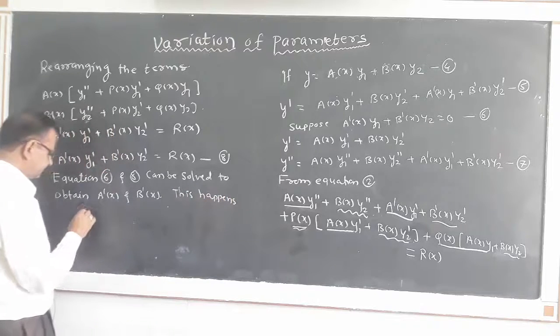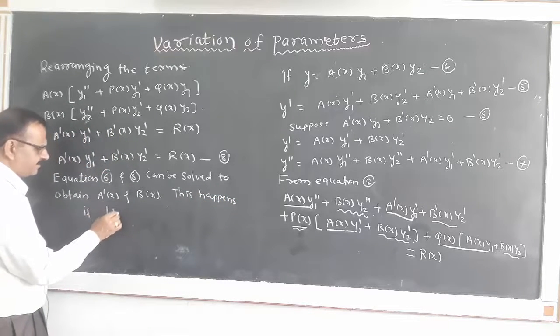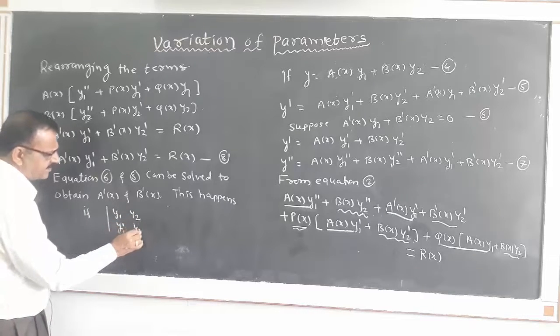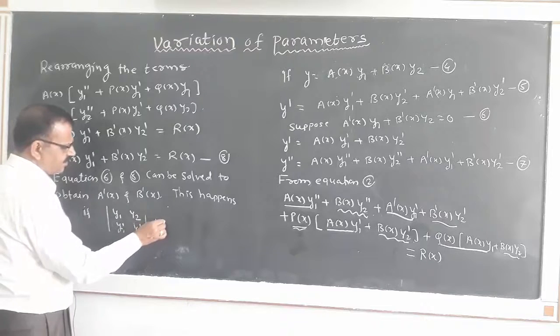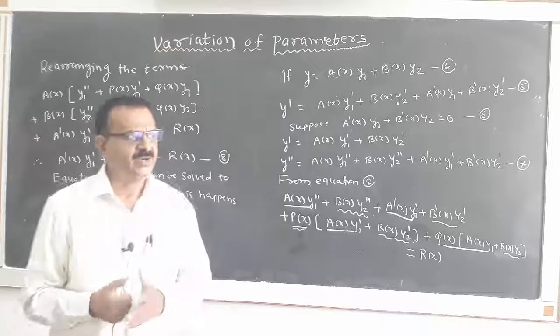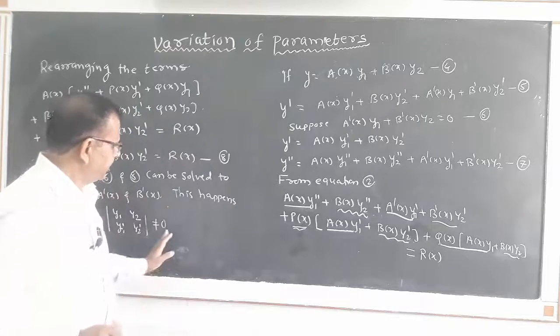This happens if the determinant of y1, y2, y1 dash, y2 dash is non-zero. And since y1 and y2 are linearly independent, this is non-zero.